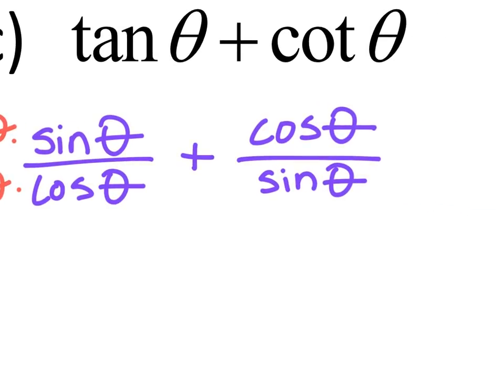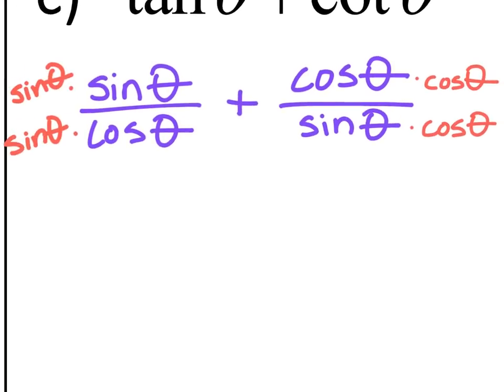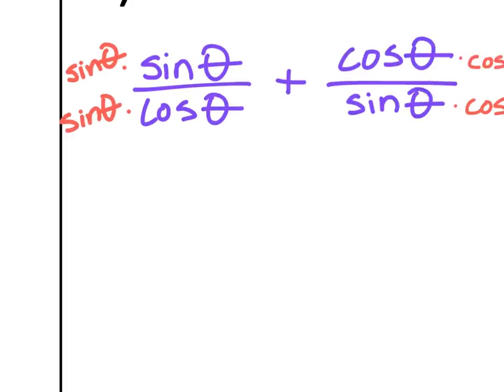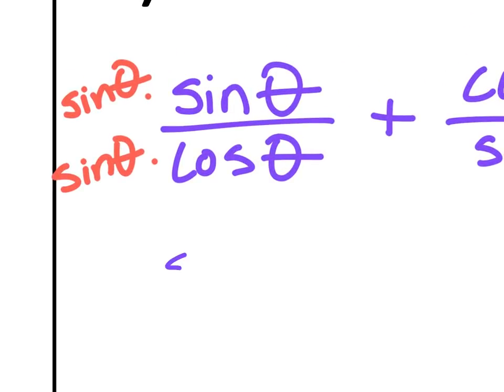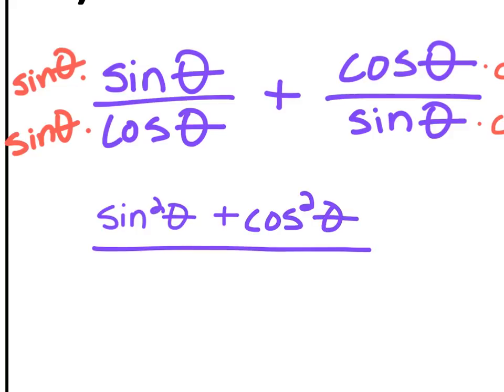I'm going to multiply the second fraction times cosine of theta over cosine of theta. And now I have sine squared of theta in the first numerator and cosine squared of theta in the second numerator, and my common denominator is sine times cos.